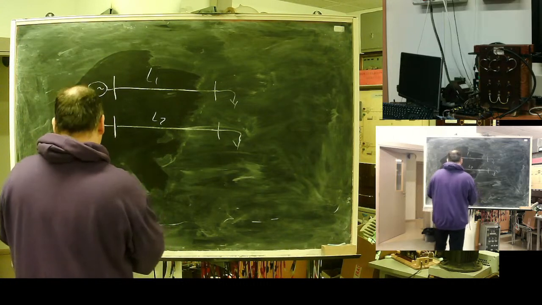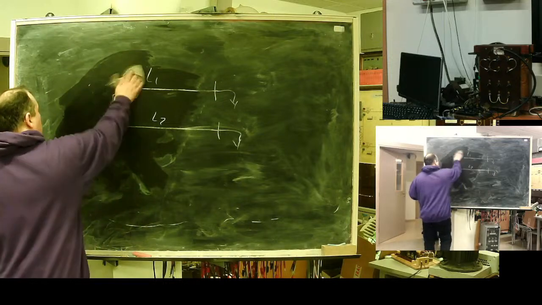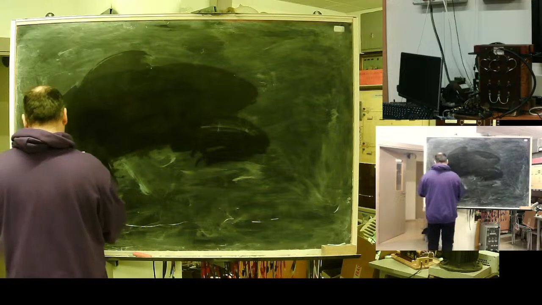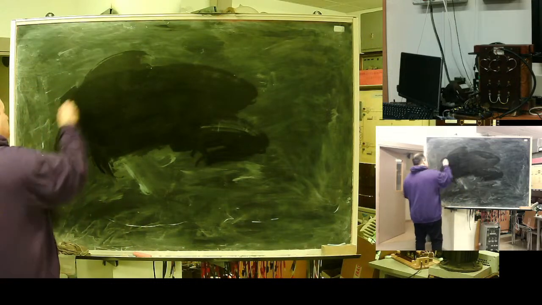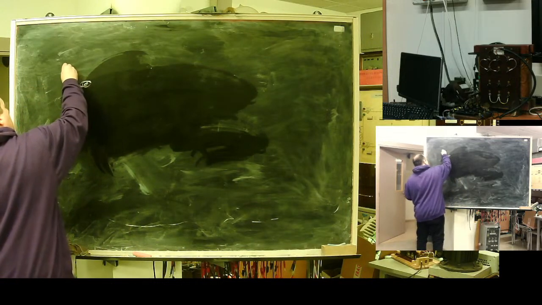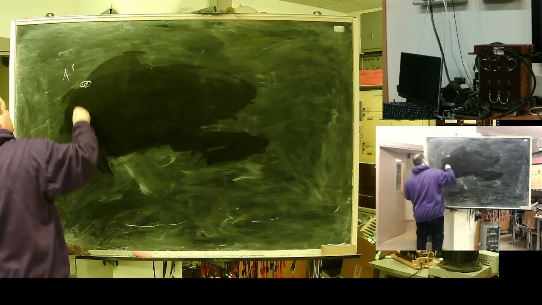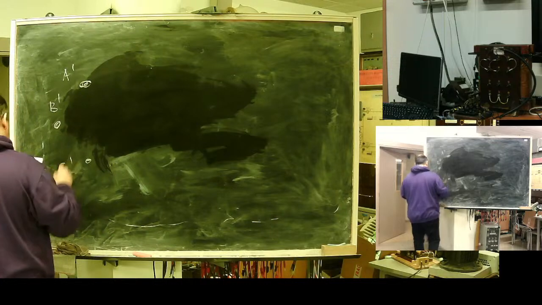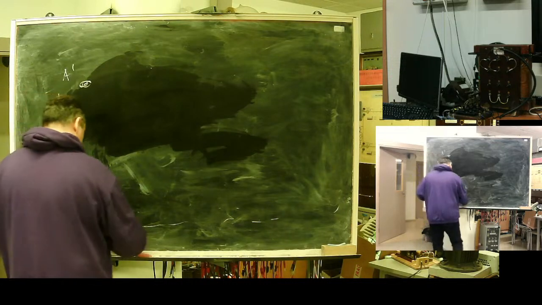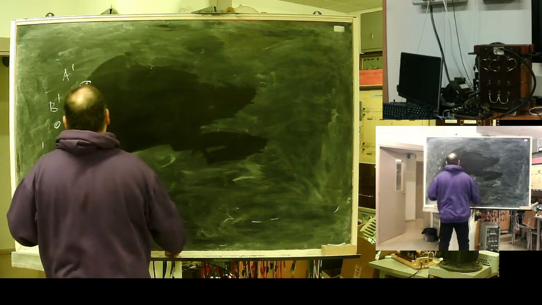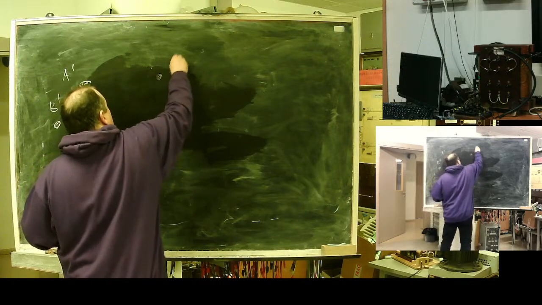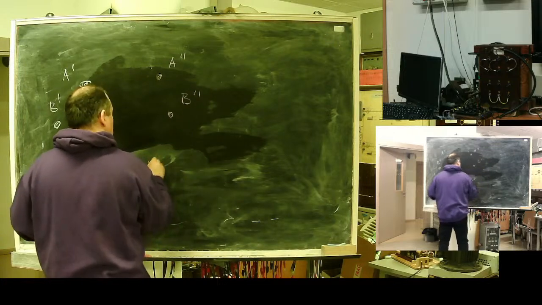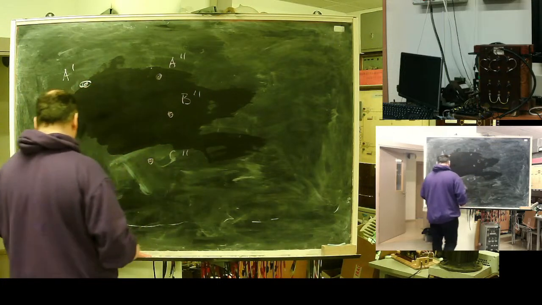Nice. And now not so easy. A1, let's say B1, C1, I don't know, in red. A2, B2, C2.